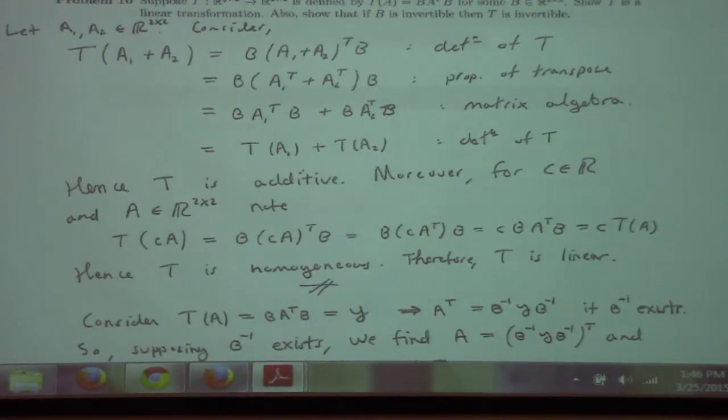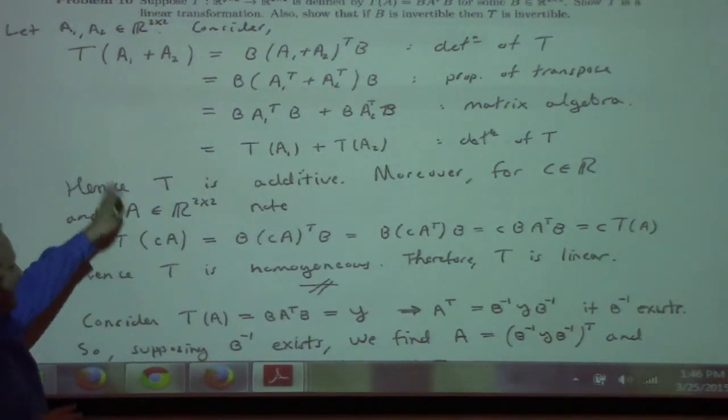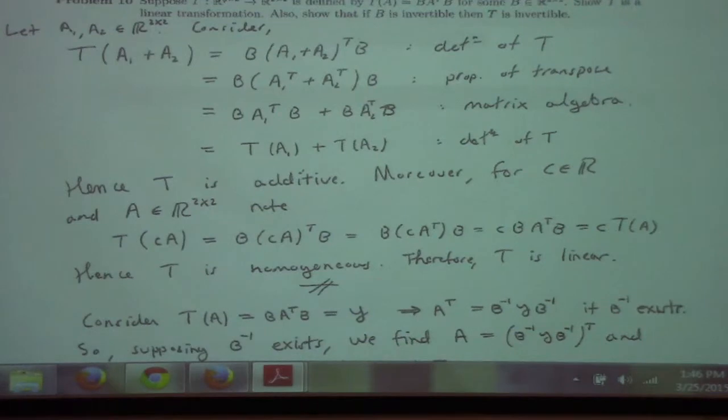Could we just do that in one step, or would you prefer it done in two steps? We could put CA1 plus CA2. In fact, I prefer that. That's fine. Would we have to do CA1 plus CA2, or could we just do CA1 plus A2? CA1 plus A2 is fine. Do you have to state that it's closed under addition and scalar multiplication? I'm okay with you saying it follows that it's linear, since C, A1 and A2 are arbitrary.